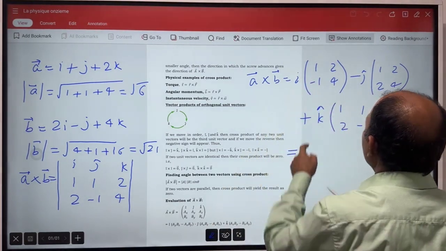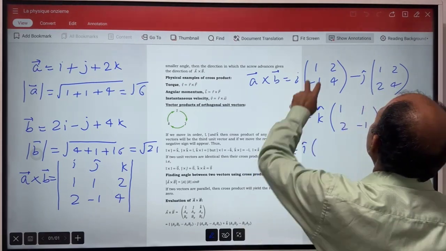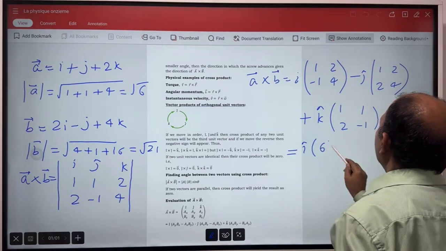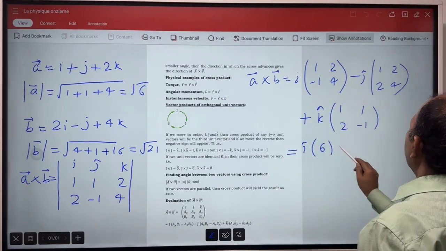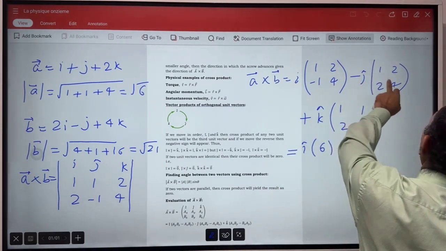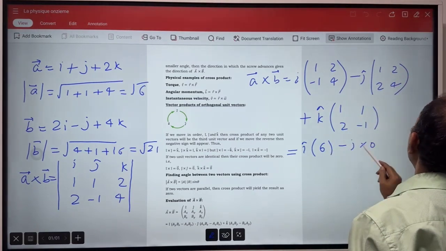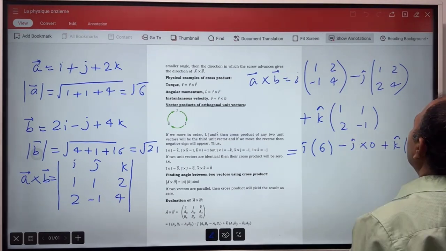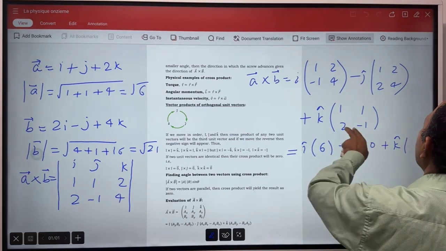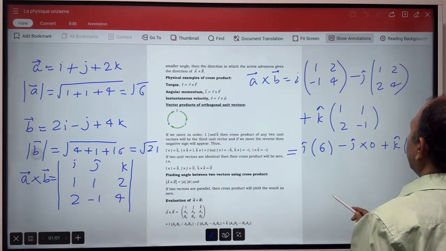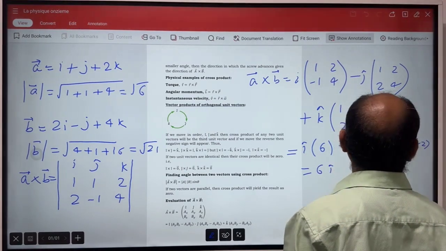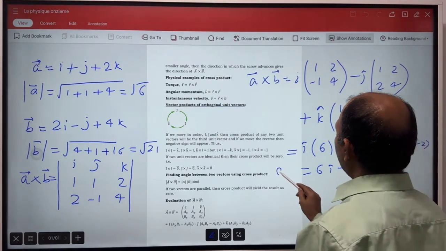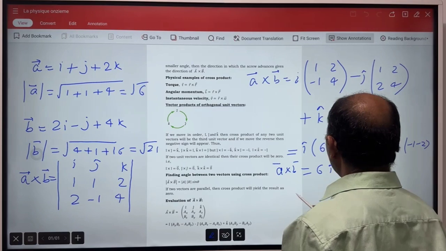Now let's simplify. So I cap times this is 4 plus 2, so we can write 6 directly, minus j, here 4 minus 4, so this will give 0. Plus k, this will become minus 1, minus 2. So 6i cap minus 3k cap. We have got A cross B.